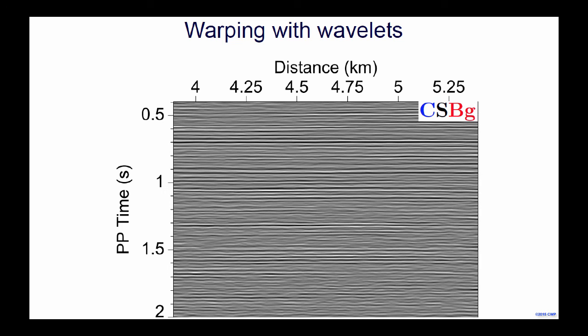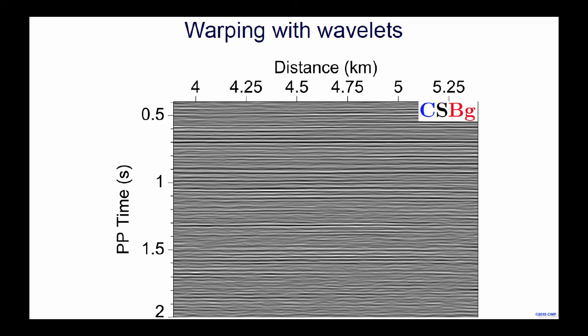So with warping with wavelets, here I've shown you how it can be used to squeeze a PS image to a PP image, but it can be applied to any geophysical transformation that involves squeezing or stretching. But to estimate our PP and PS wavelets, we need a variation in the amount of squeezing or stretching applied.